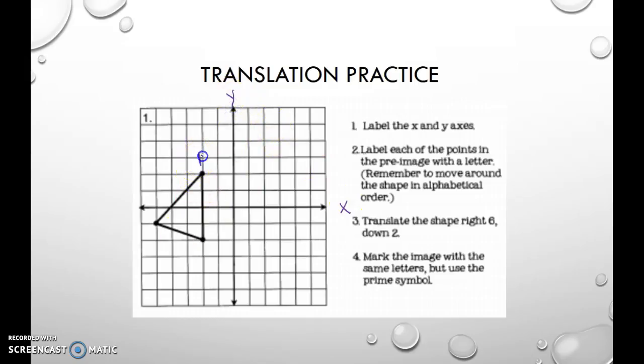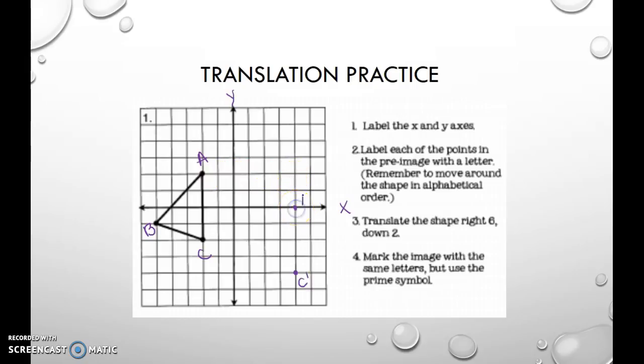Okay, so again, we're labeling our x and y axes. And let's call this A, B, and C again. And they want to move this right 6 and down 2. So for each point, I'm just going to count right 1, 2, 3, 4, 5, 6, and down 1, 2. That's going to give me C prime. For A, I am going to go right 1, 2, 3, 4, 5, 6, and down 1, 2.